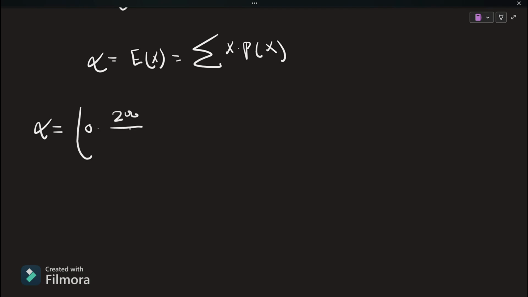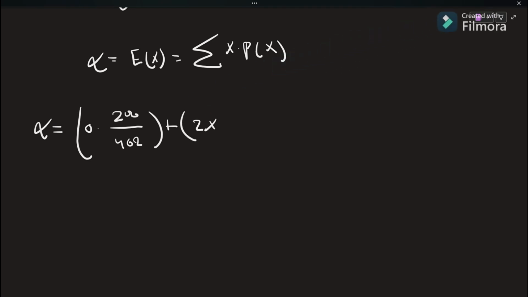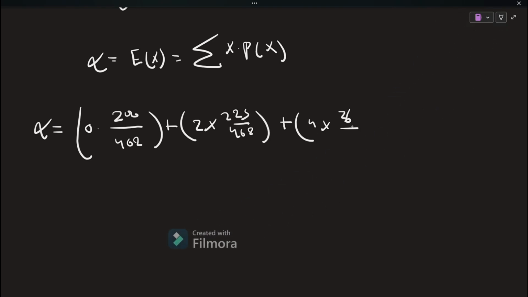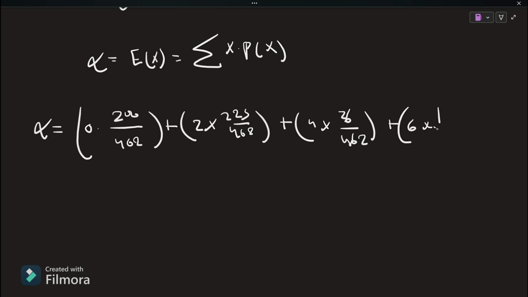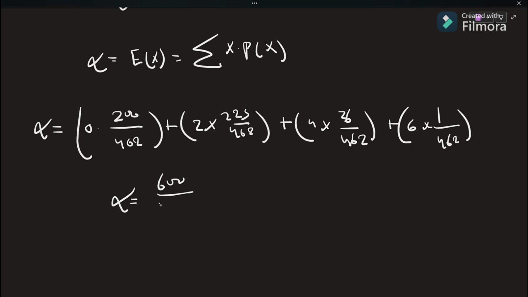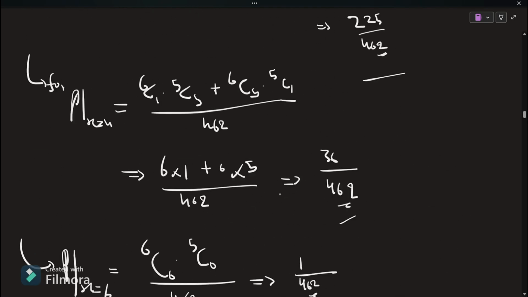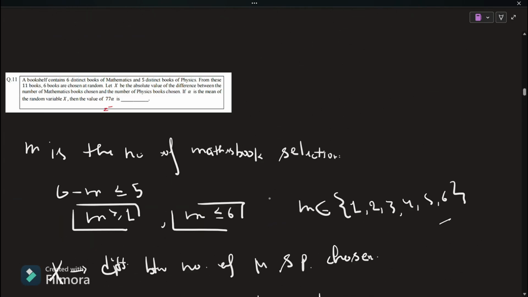First at 0 we checked, that was over 462, then at 2 we got 225 by 462, then at 4, 36 by 462, and then at 6, 1 by 462. So it will get 600 by 462. When we solve it, 100 by 77, and what we want, I think, is 77 alpha.